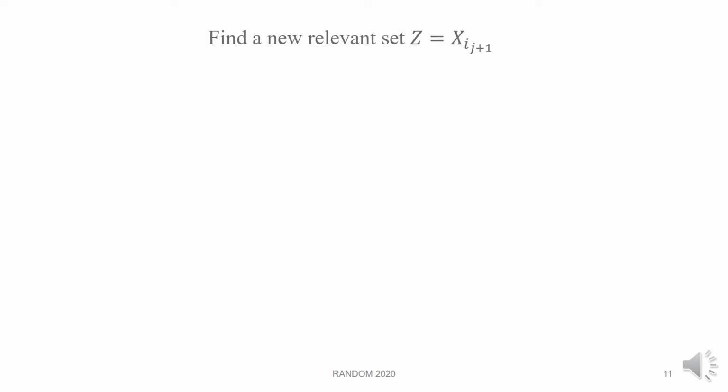In addition to the relevant set that we find in the previous algorithm, we also find for the relevant set a witness. What is a witness? A witness is an assignment V such that changing the value of V in the set to 0 changes the value of the function.